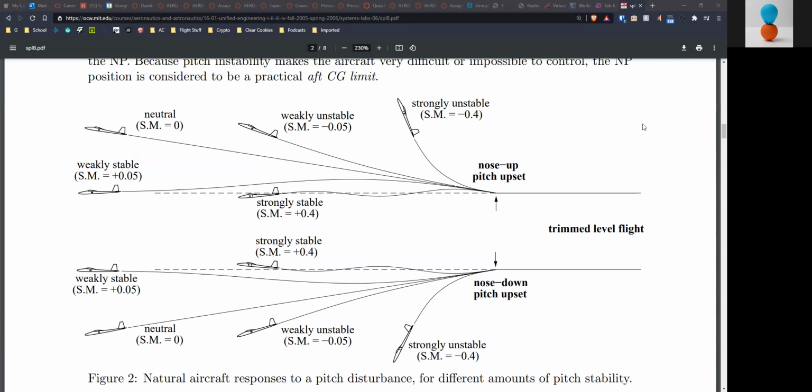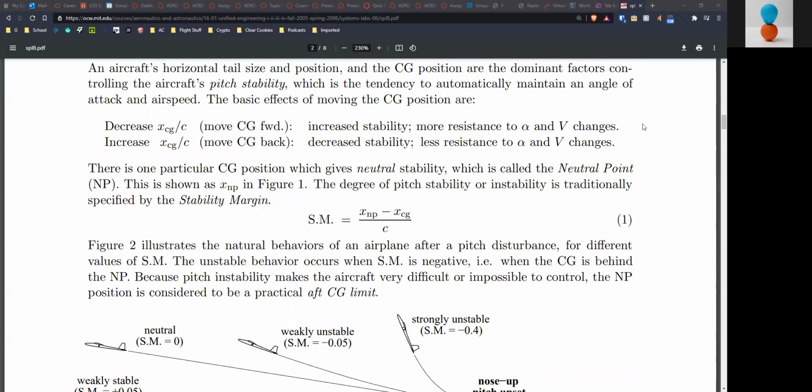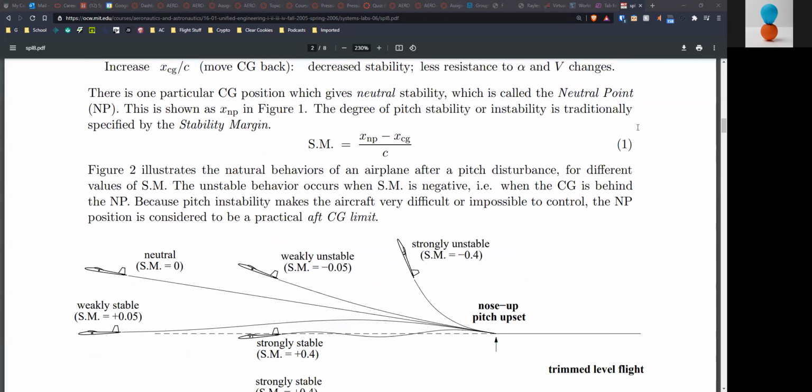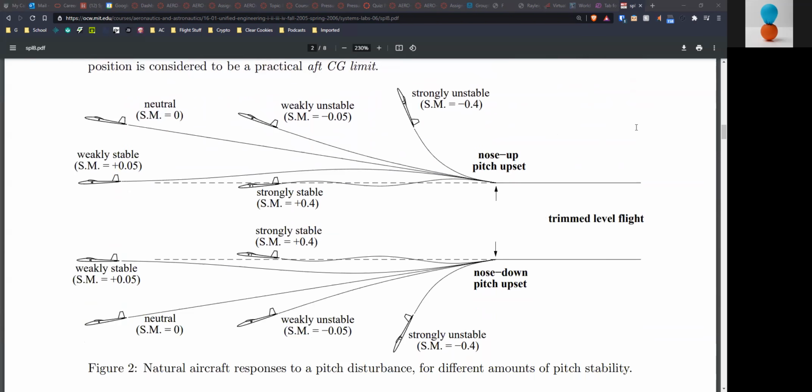So the center of gravity, in case anyone forgot, is marked on all these diagrams as this little dot.